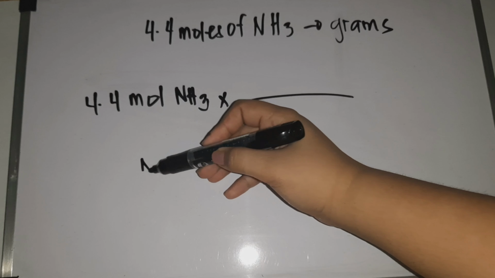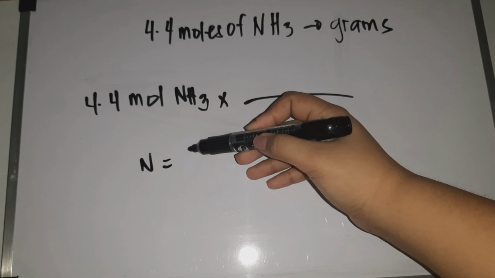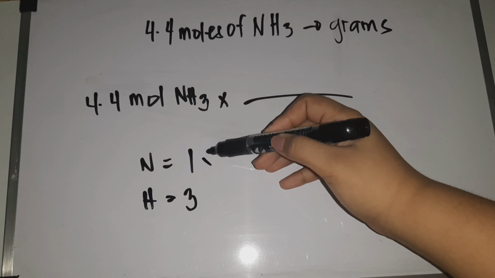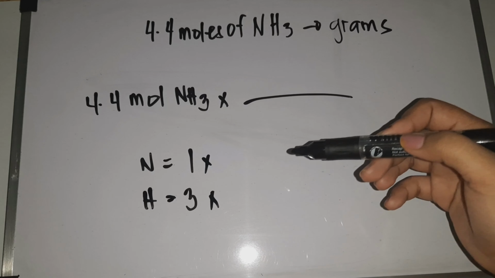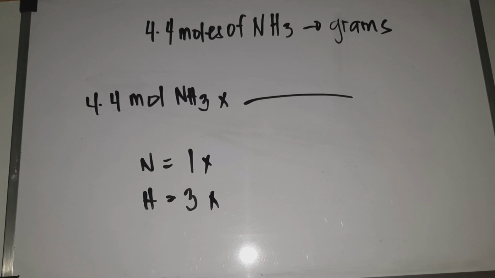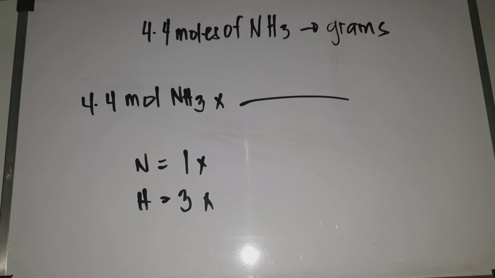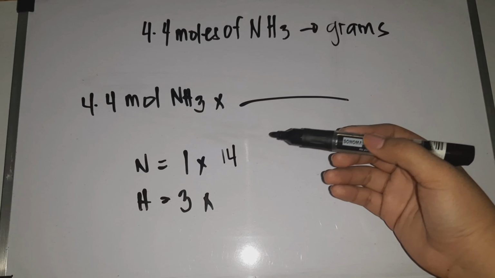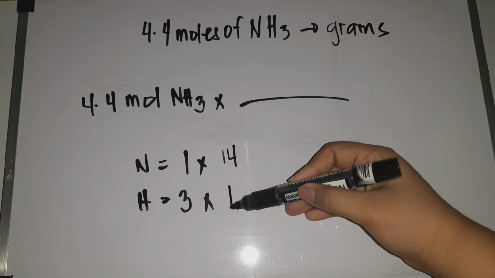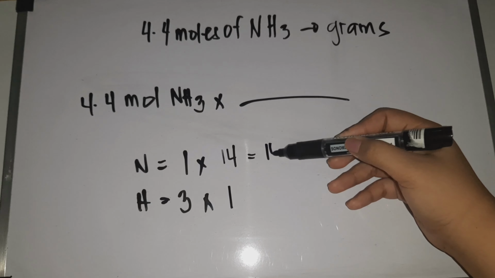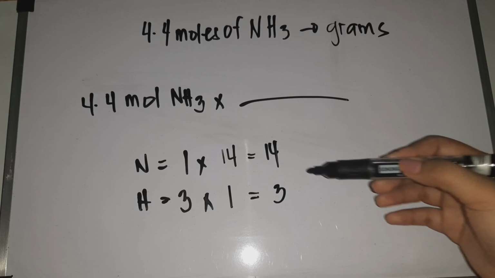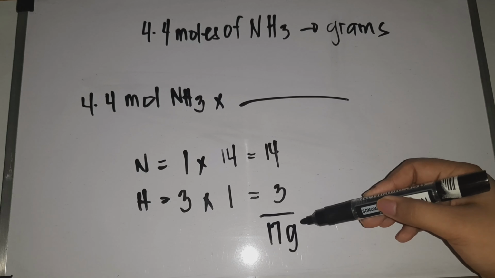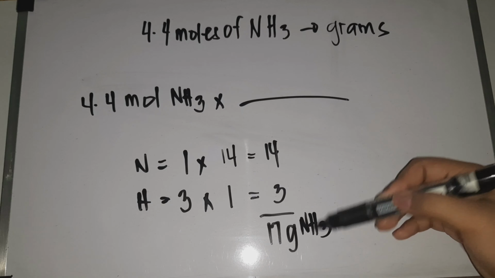Okay, so N is 1, H is 3, multiplied by their atomic masses. The atomic mass of nitrogen is 14, and the atomic mass of hydrogen is 1. So 14 plus 3 is 17 grams of NH3.